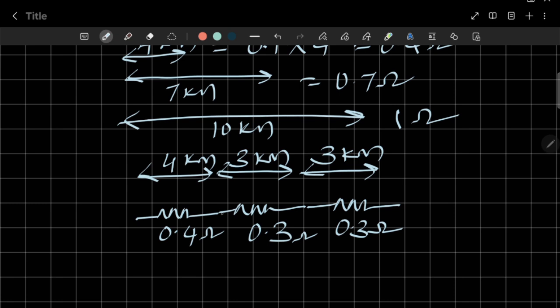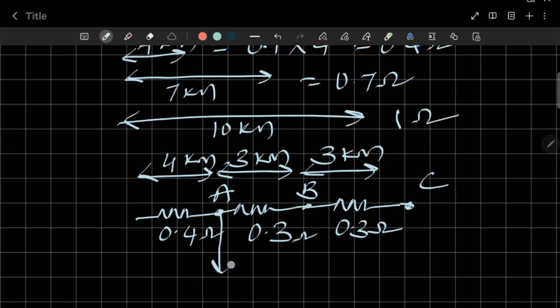They have given that this is node A, node B, and node C. As already explained, the same current is not passing through these three elements, which means these are not in series.